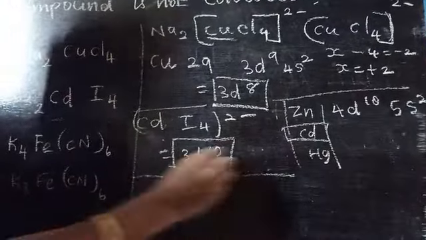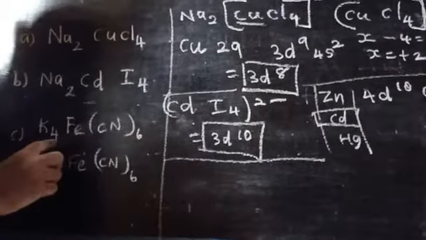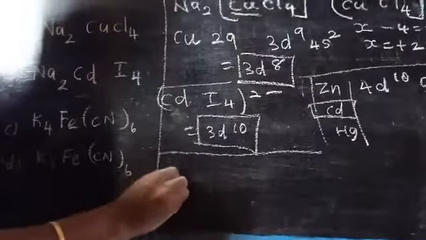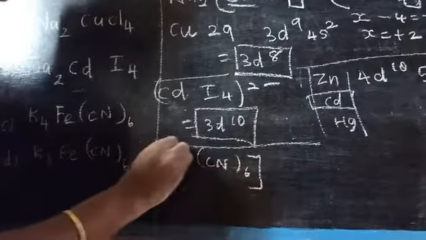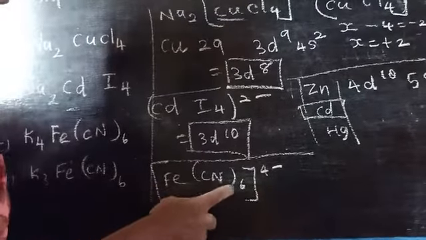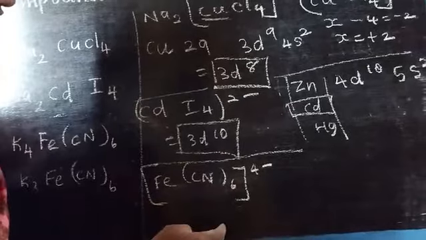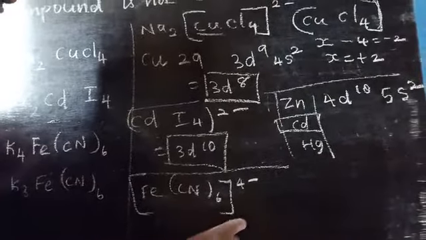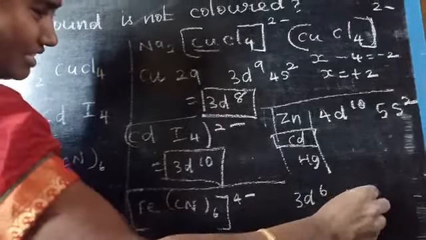Okay. So next one, Fe. So this also is K4[Fe(CN)6]. Here 4 minus. Fe(CN)6 4 minus. Find out the oxidation state. Here minus 6, minus 4, so plus 2. Fe plus 2. Iron atomic number 26. So 3d6 4s2.